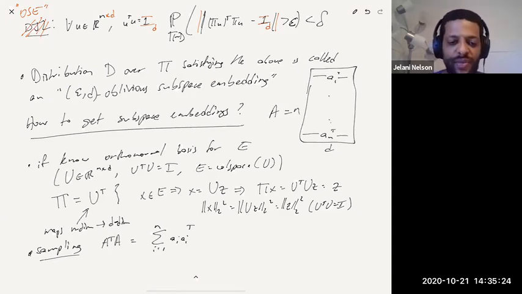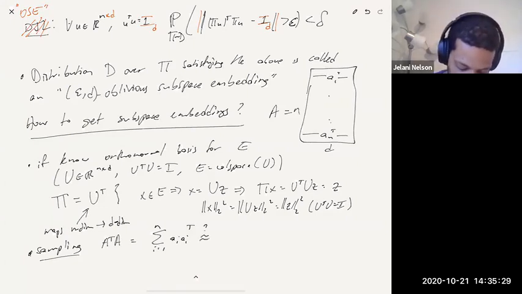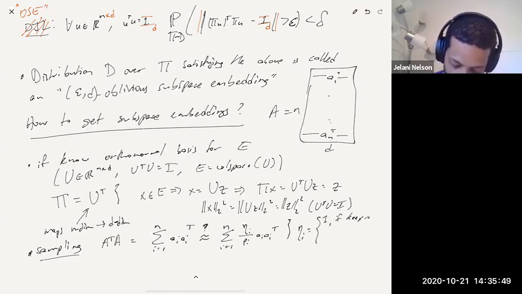So you could ask yourself, what if I sample, and say this is roughly the same thing, hopefully, as some sampled version: the sum, i goes from 1 to n, of eta_i over pi times a_i a_i transpose, where eta_i is equal to 1 if we keep row i and 0 otherwise.